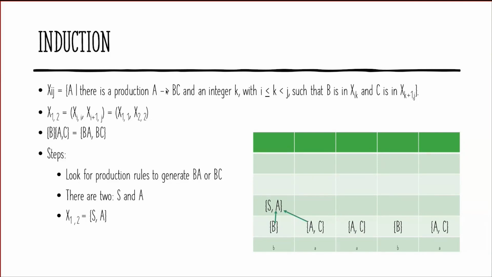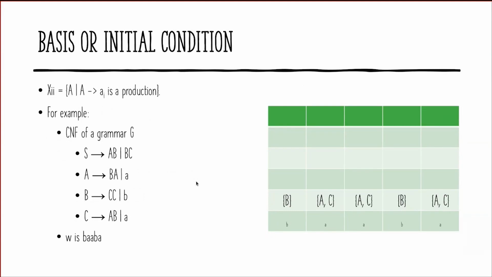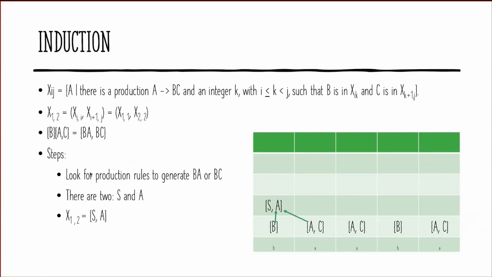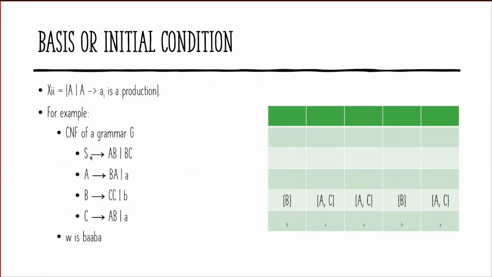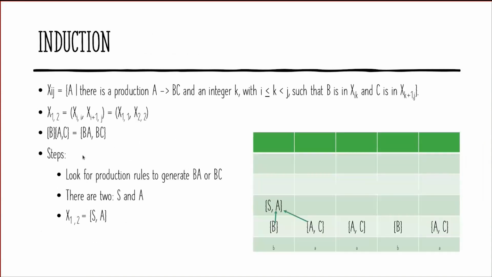If we have a rule of the form A1 goes to BA, then A1 will belong to my Xij. So if we look at the production rules, BA can be produced by A, so A will be in my Xij, and similarly BC can be produced by S, so S will be in my Xij. Here my Xij is X12, so it will contain S and A.